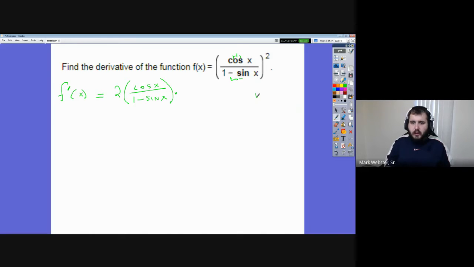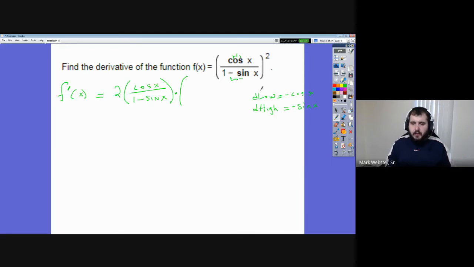And what's our d low? Derivative of 1 is 0 minus the derivative of sine is cosine. So d low is negative cosine. Our high is cosine, so our d high is negative sine. So we've got low d high minus high d low over low squared.